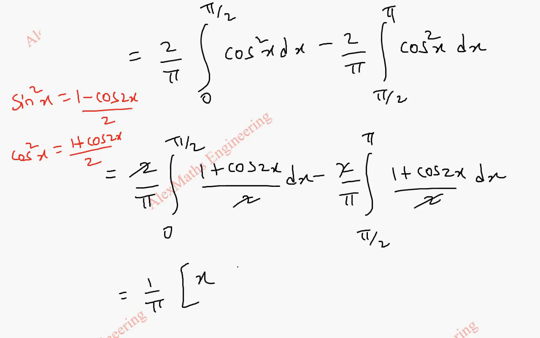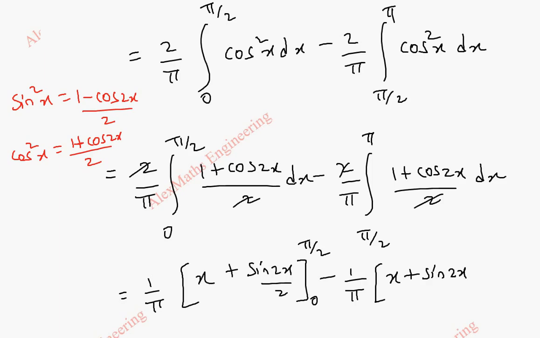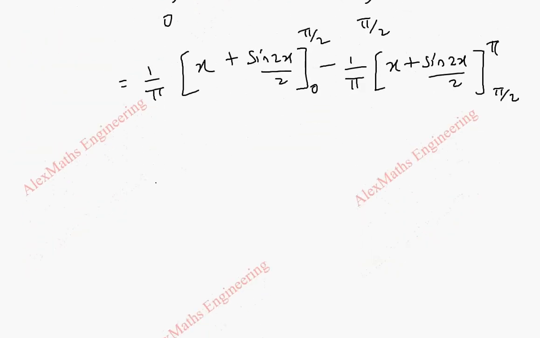One integration is x, cos is sine. So sine 2x by 2 and 0 to pi by 2 minus 1 by pi, and again this is x plus sine 2x by 2 and pi by 2 till pi. We are going to apply the upper limit. So this is 1 by pi by 2 plus, when I put pi by 2 here, it becomes sine pi, which is 0.